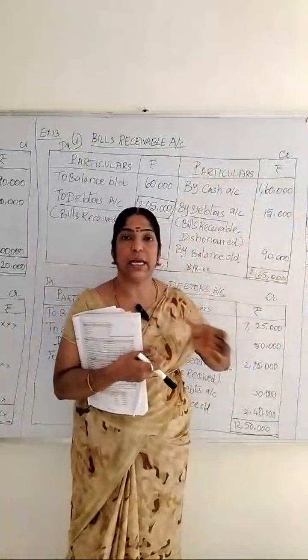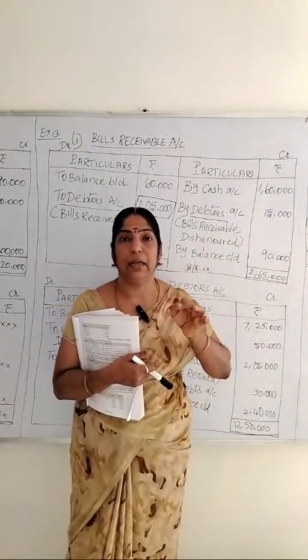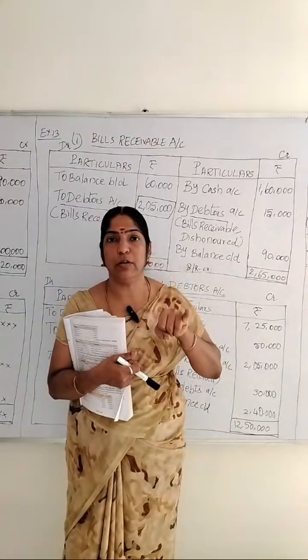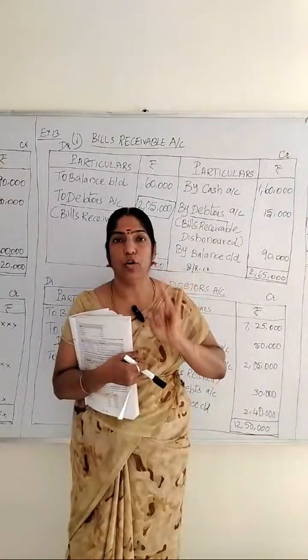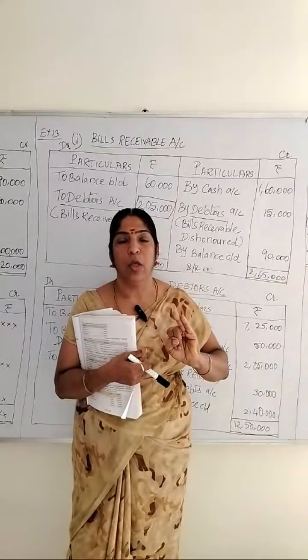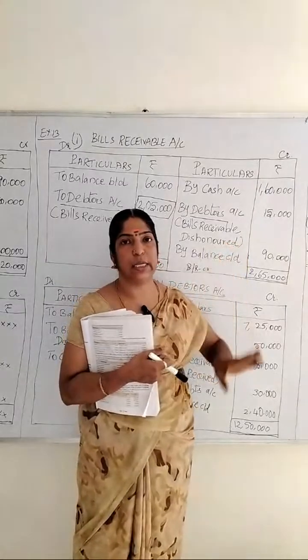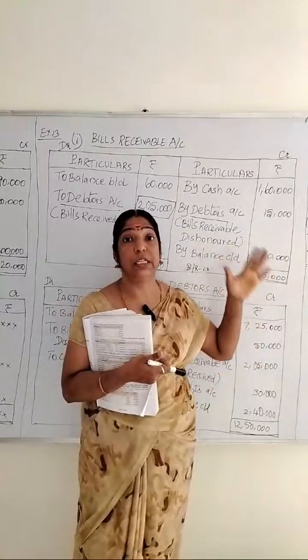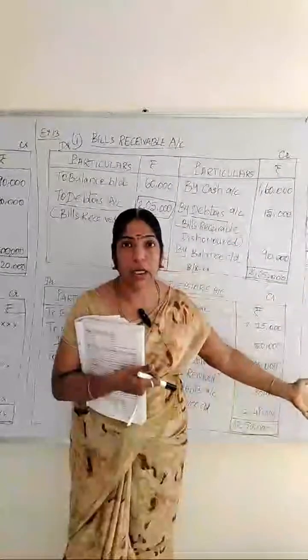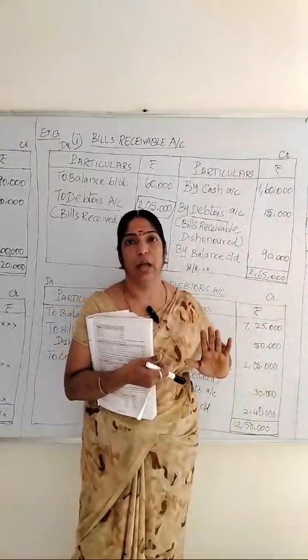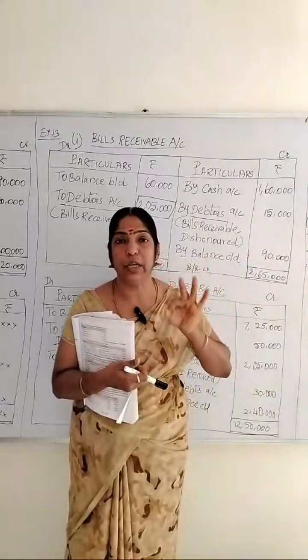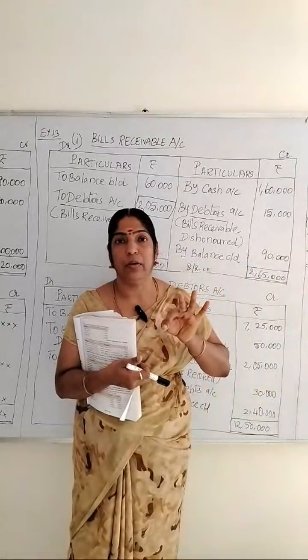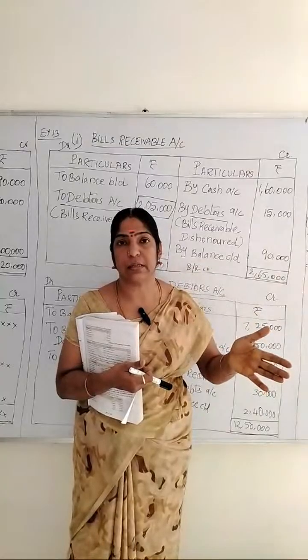In previous classes I explained clearly the format for bills receivable and the format of the total debtors account. Why does cash go to the credit side? Why does debtors, bills receivable dishonored come to the credit side? I explained each and every item in previous classes.